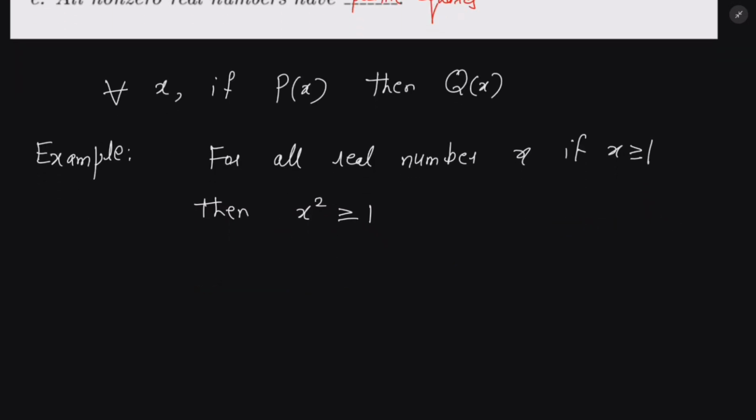We can write it in symbolic form: for all x belonging to R, if x is greater than or equal to 1, then x square is greater than or equal to 1.